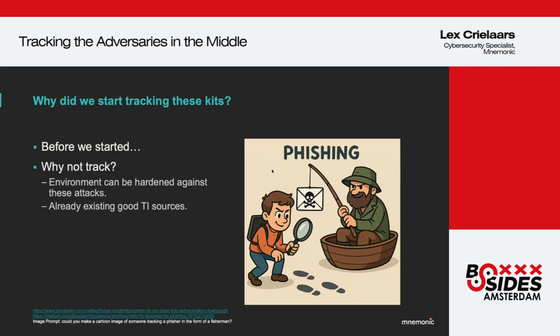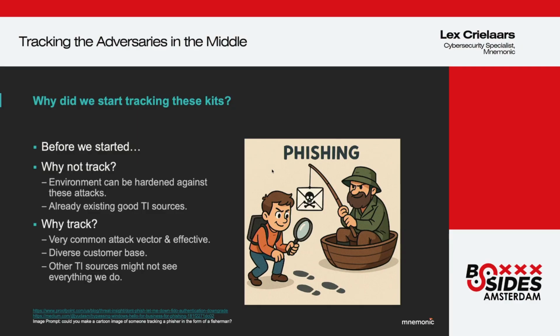Well, yes. Why? It is one of the most common attack vectors that we see in our security operations center. Even though there are very many ways to protect yourselves against adversary in the middle attacks now, it's still very easy to do, it's very cheap to do for a threat actor, and it's still very successful, unfortunately. So we still see a lot of them.